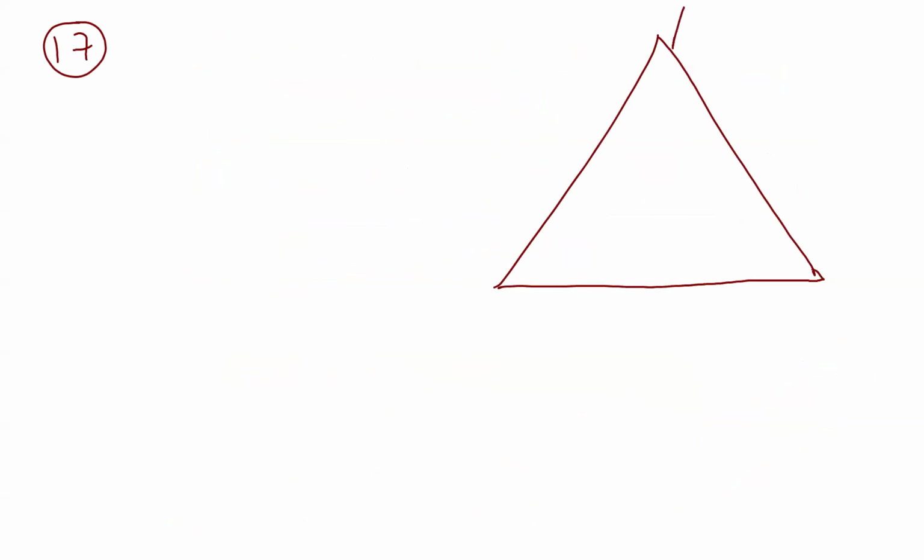The foot of the perpendicular from A to BC is D. So we'll draw this triangle first. Let the triangle be drawn over here. This is A, this is B, this is C, and the foot is D over here. Now some things are given.